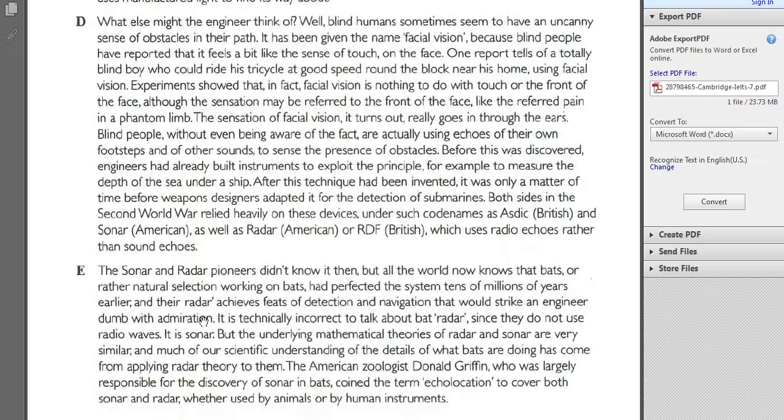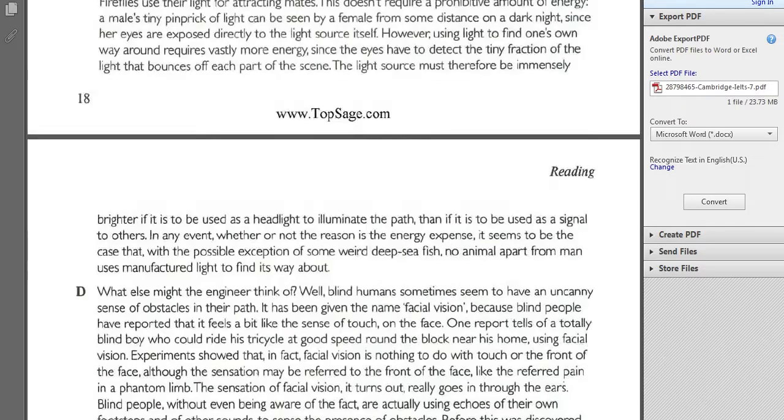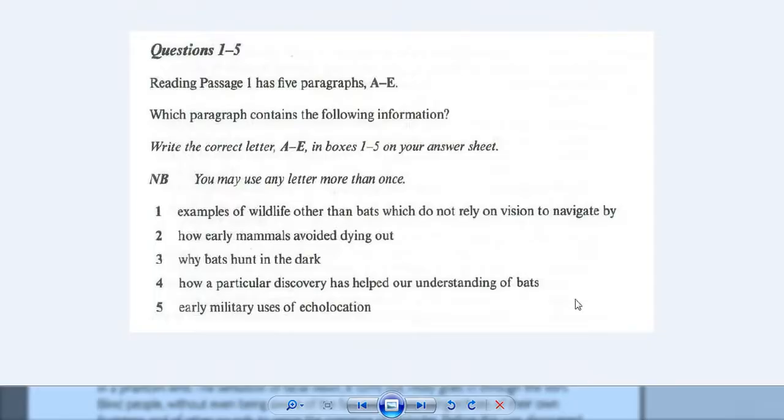Okay? Now, let's take a look at some questions. I'm not going to do all the questions, but I'm going to give you some examples. Now here, I'm looking at this one. It says, examples of wildlife other than bats which do not rely on vision. Now, I see this keyword wildlife.